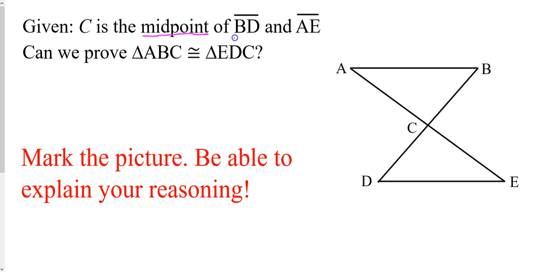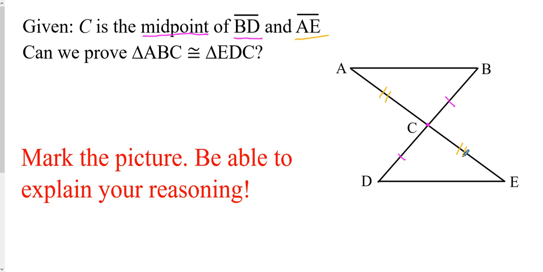So if it's the midpoint of BD, that means that DC and BC would have to have the same length because C has to be halfway between them. And likewise, if it's the midpoint of AE, that means that AC and EC would have to be congruent. So now I have two sides in both triangles.